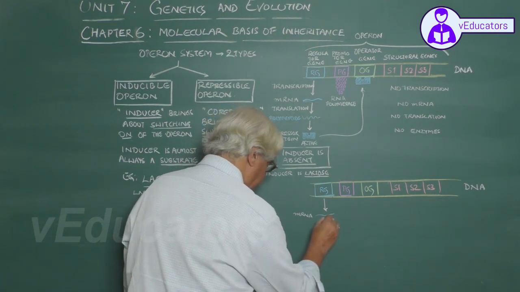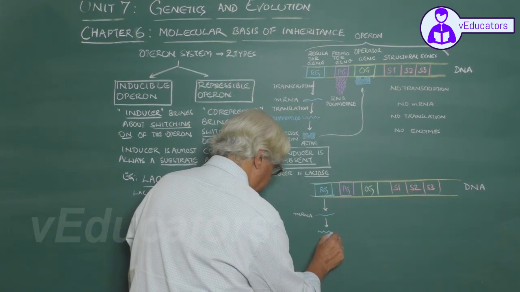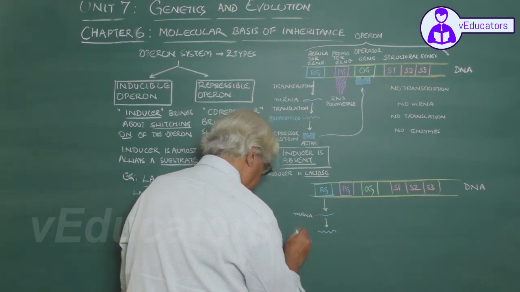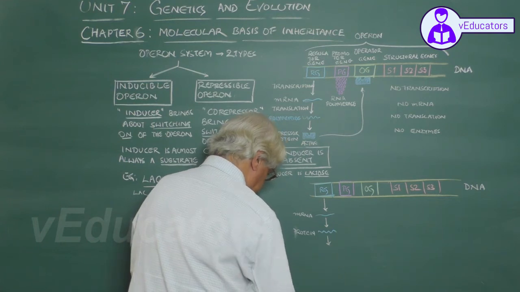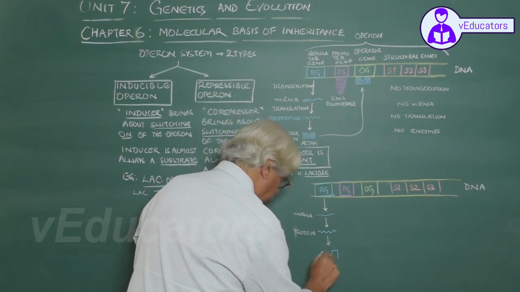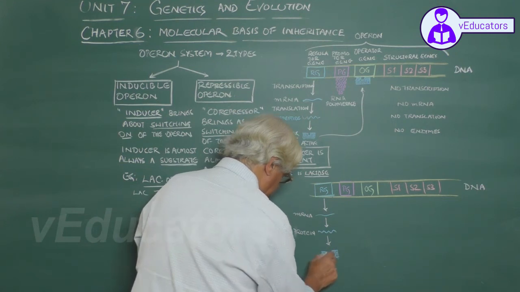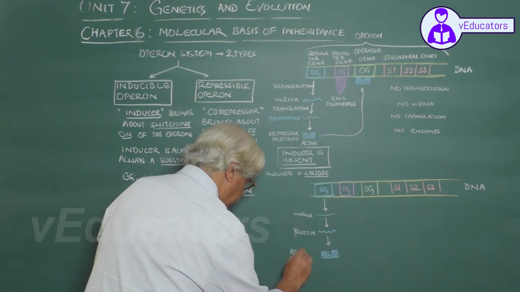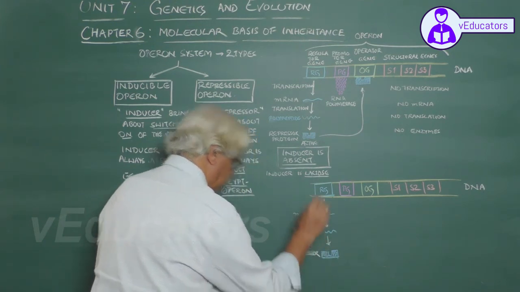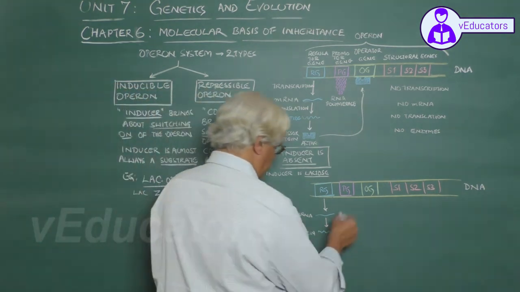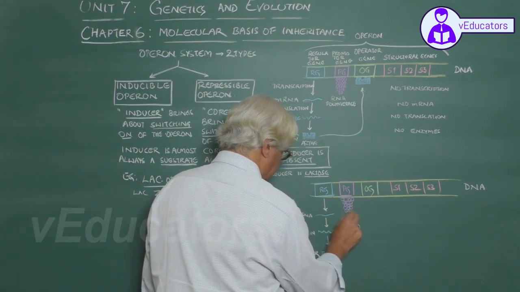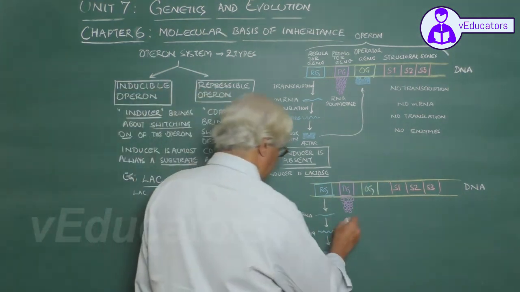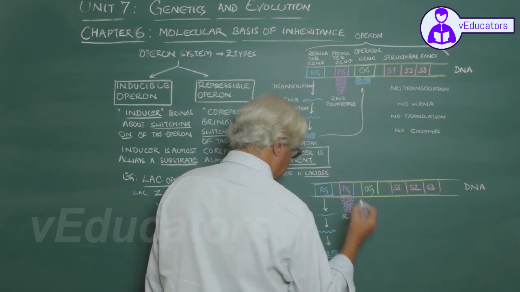This mRNA translates into a protein, and this protein becomes repressor. RNA polymerase.